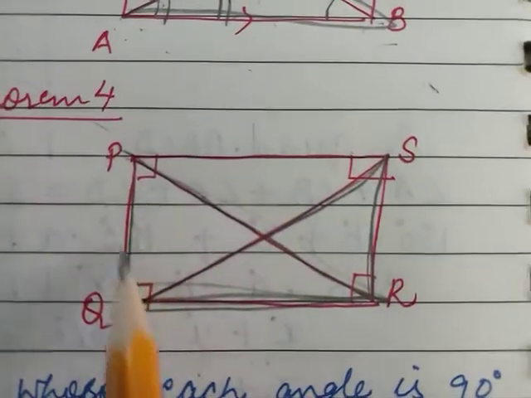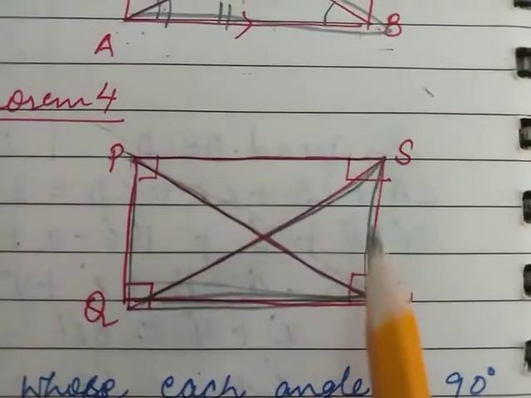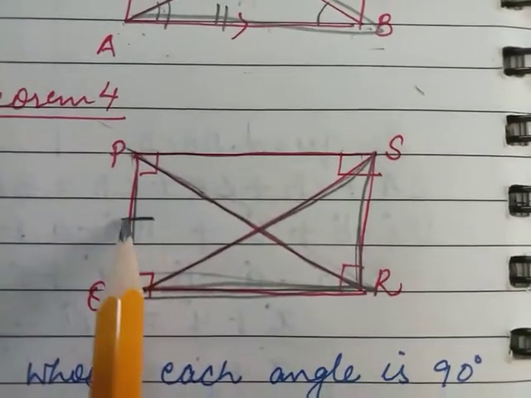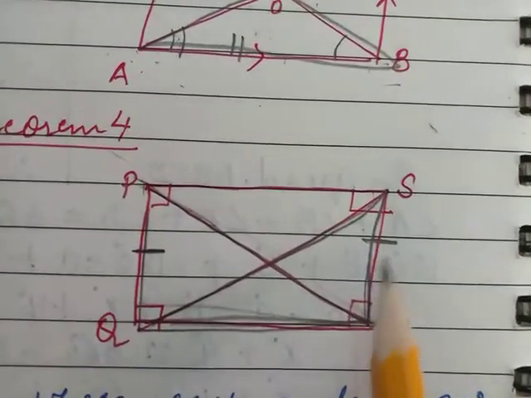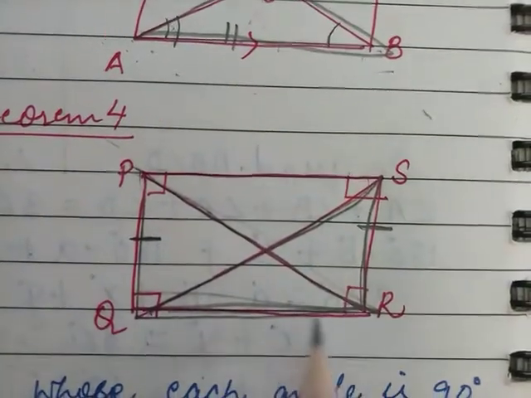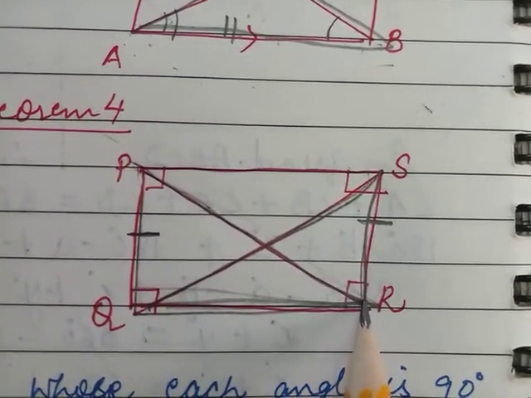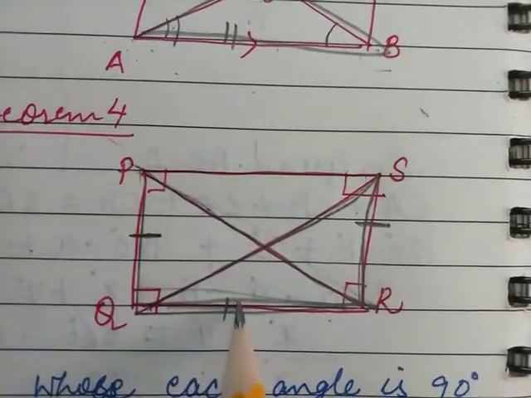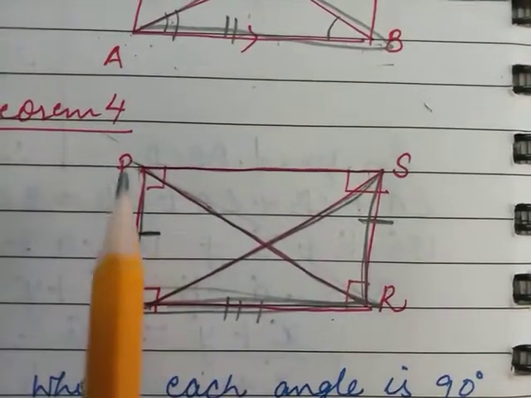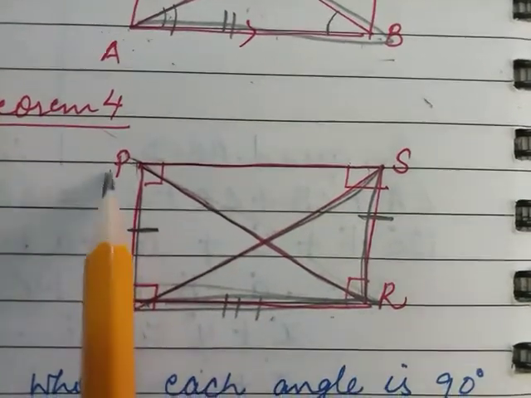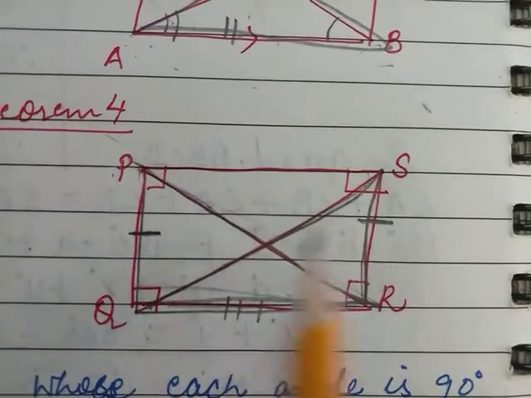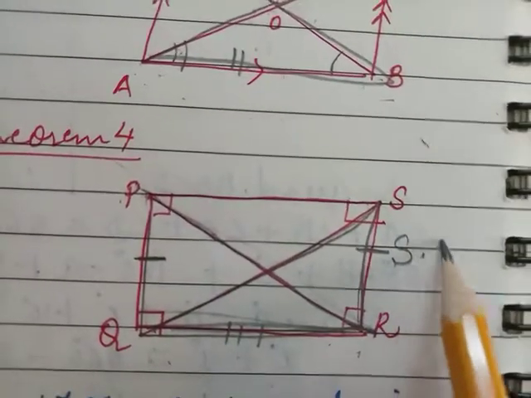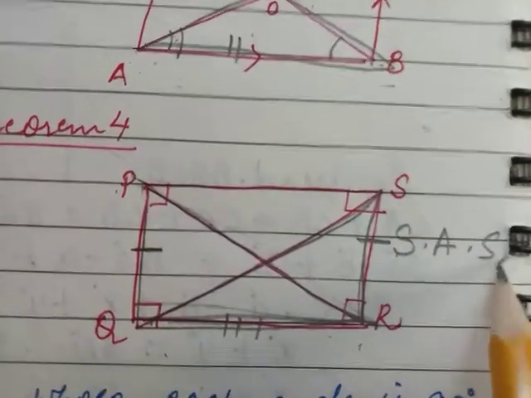In these two triangles, PQ is equal to SR because opposite sides of a rectangle are equal. Angle Q as well as angle R both are 90 degrees. And this side QR is common to both. Therefore, triangle PQR is congruent to triangle QSR under the condition of side, angle and side.